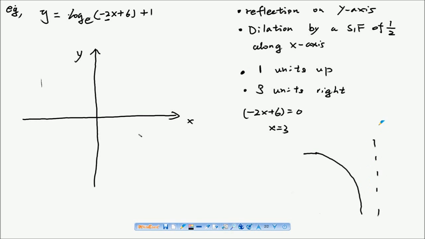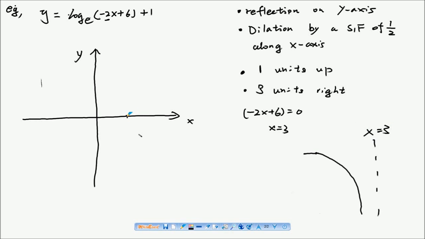The asymptote doesn't change with that, but when we move 3 units to the right, the asymptote changes. The asymptote becomes x equals 3 instead of x equals 0, because we move the whole thing to the right by 3 units.